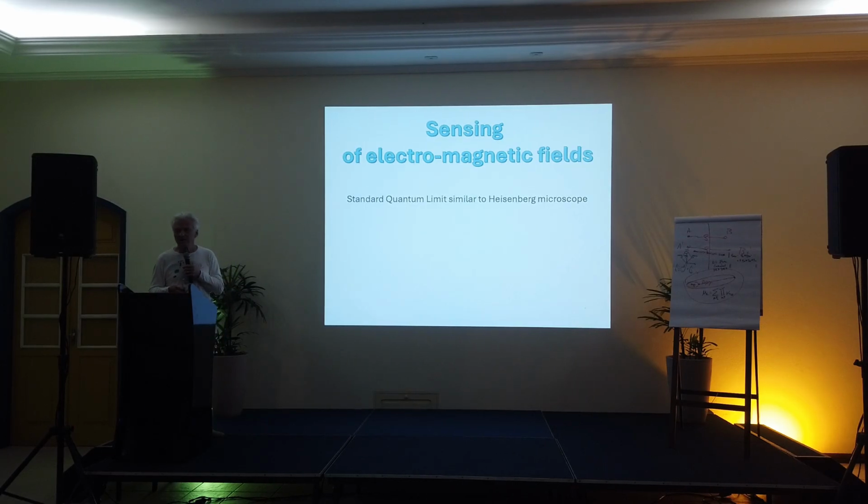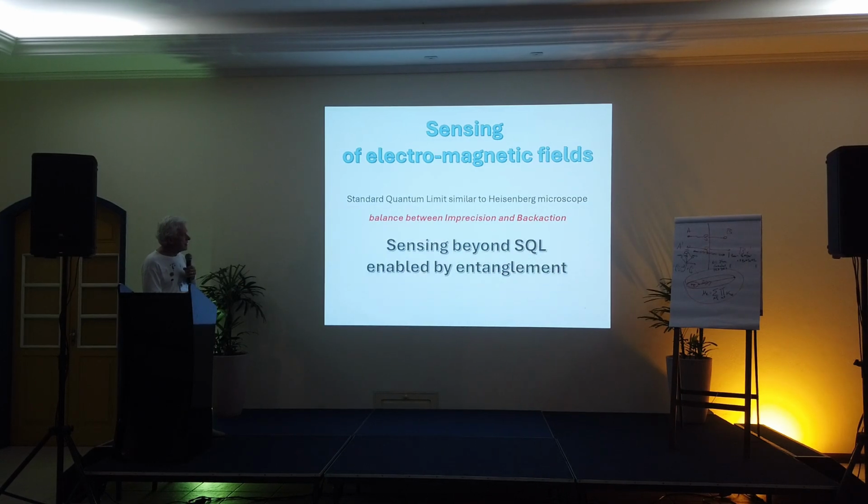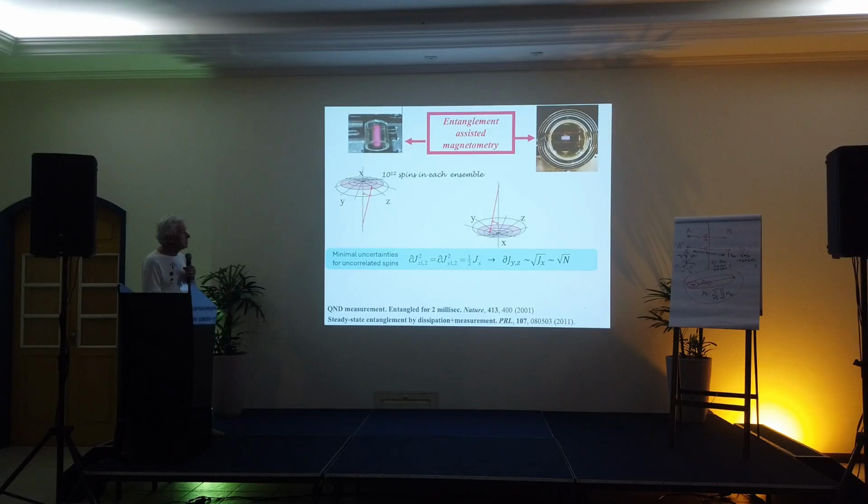But by and large, all applications are about measuring electromagnetic fields. And as I already told you, the standard quantum limit is the balance between precision and back action, and then sensing beyond this limit is enabled by entanglement.